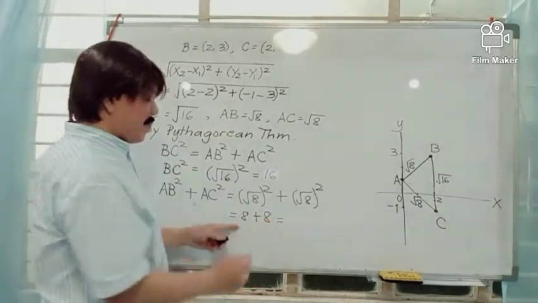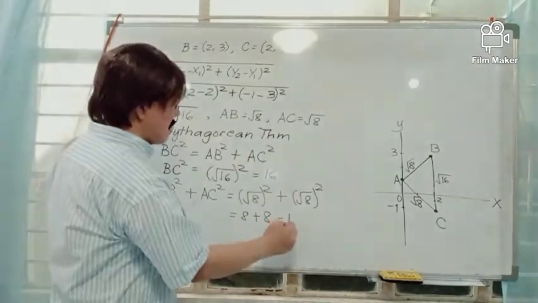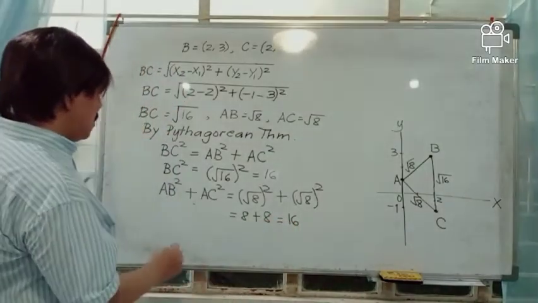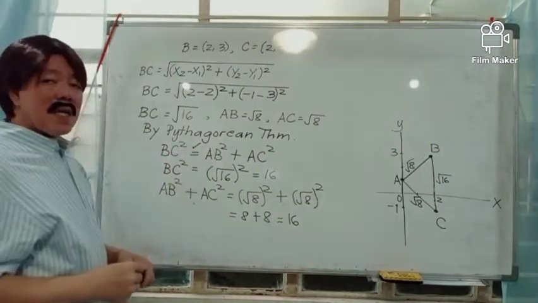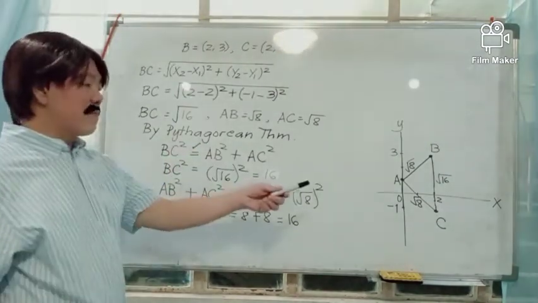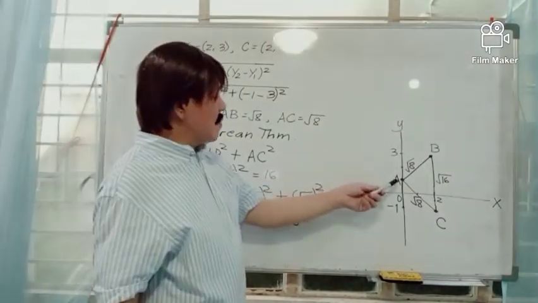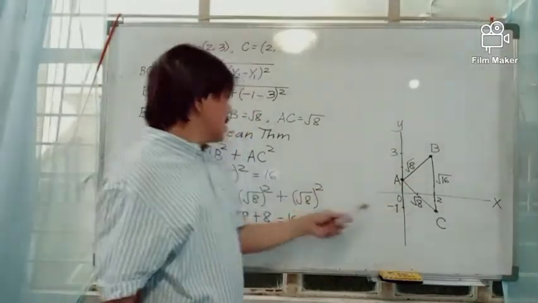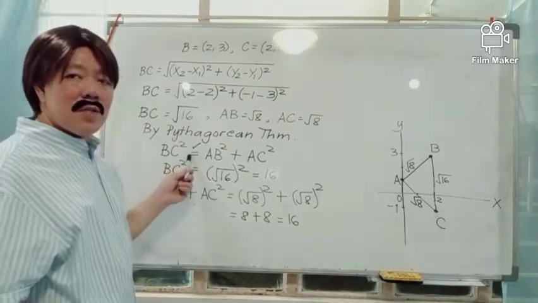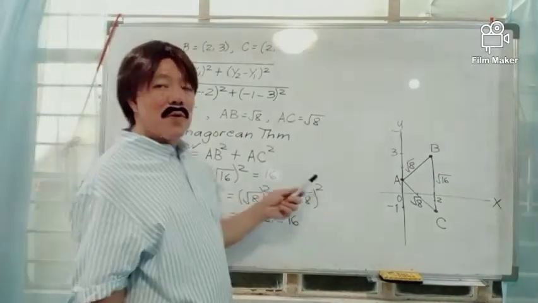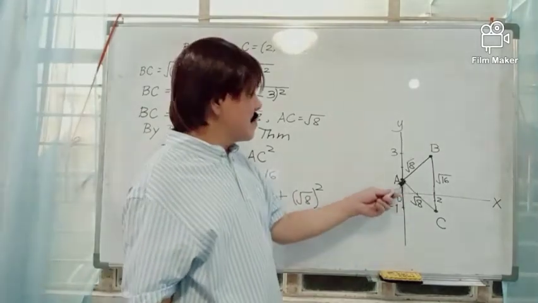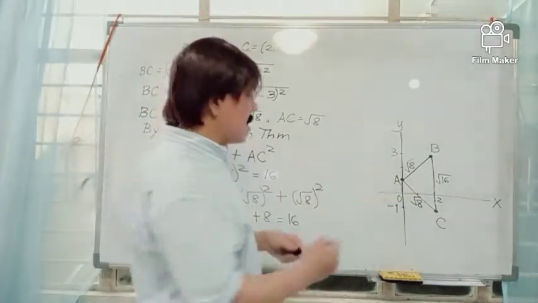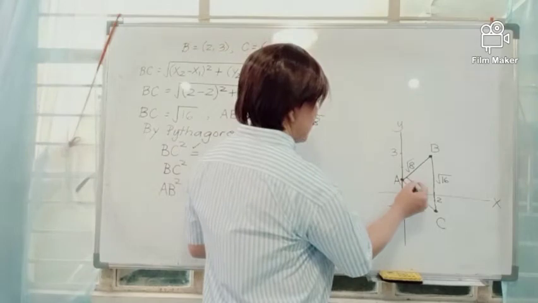And 8 plus 8 equals 16. Therefore, we have verified that this triangle with the given vertices satisfies the Pythagorean theorem. Therefore, we can conclude that this must be a right triangle with the right angle at vertex A.